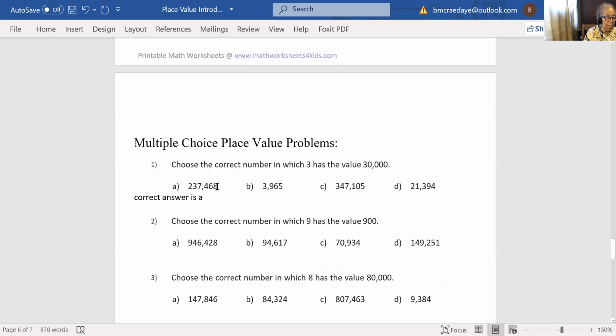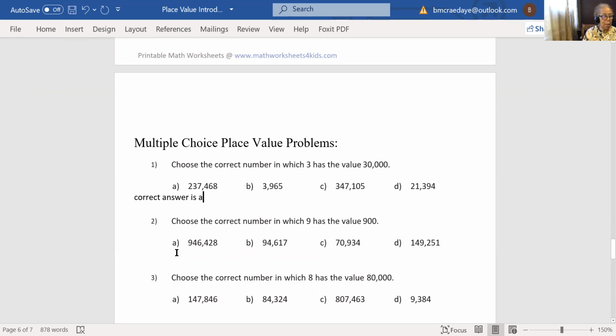Let's go back over it again. 8 is in the ones place. 6 is in the tens place. 4 is in the hundreds place. 7 is in the thousands place. 3 is in the 10,000s place, and 3 times 10,000 is 30,000.